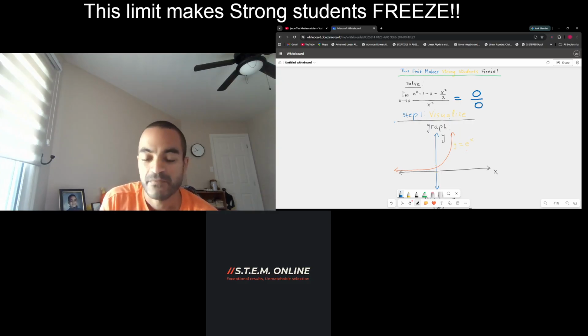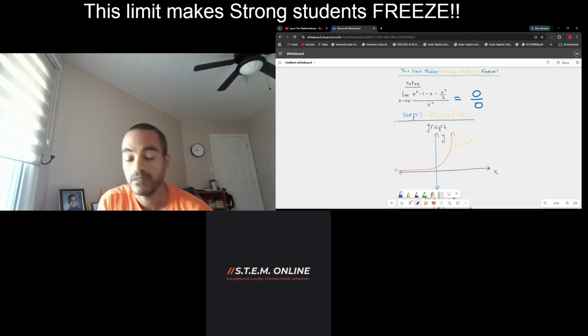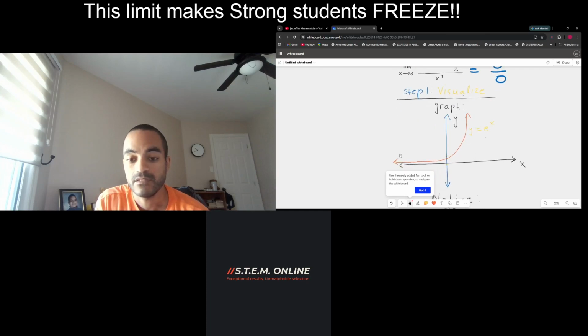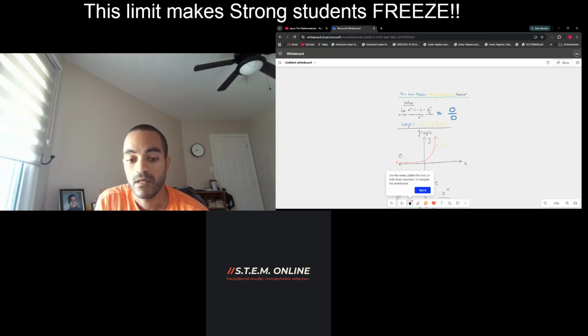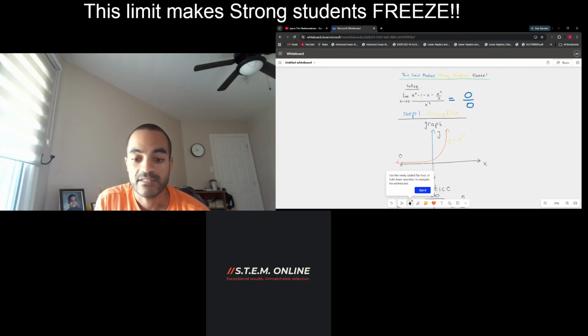For step one in the visualization, you'll notice that I made a graph of y equals e to the x. We zoom in on the graph here. You can see that this is an exponential growth function, because it's e to the x.